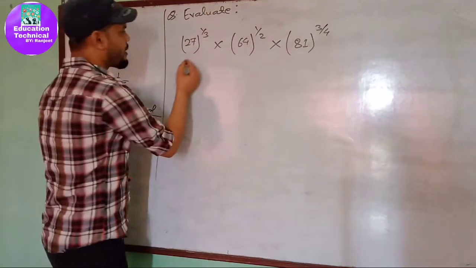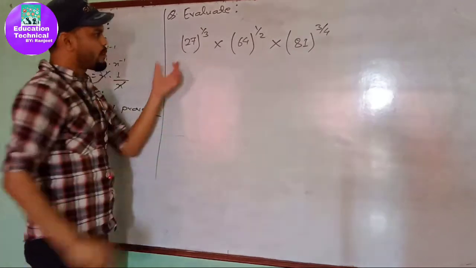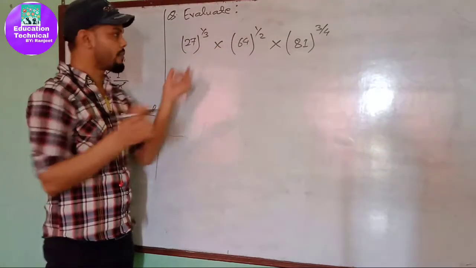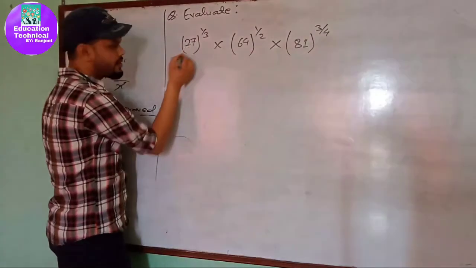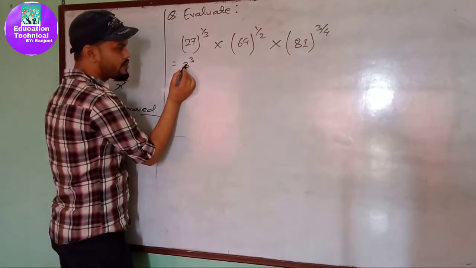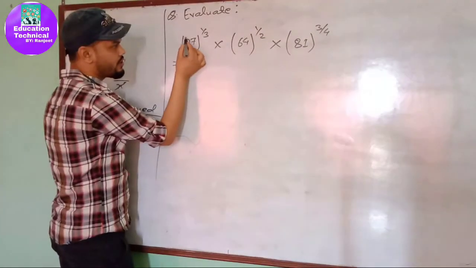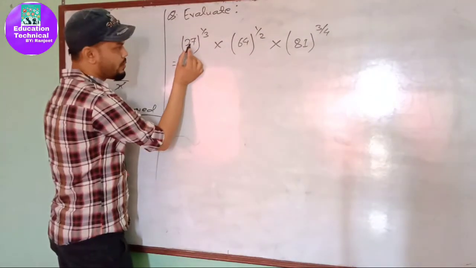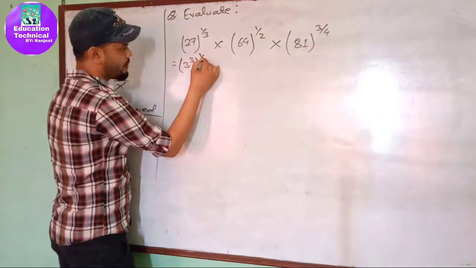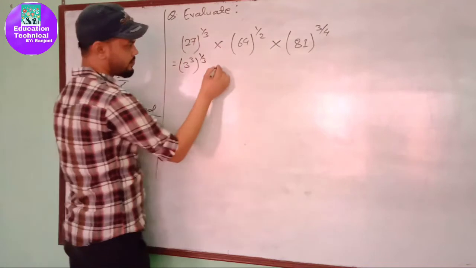So now we have to simplify this. While simplifying, we have to take it to the lowest terms. That means we can write this 27 as 3 power 3. That means if 3 is multiplied 3 times, then the result will be 27. So in place of this 27, write 3 power 3, and this 1 by 3 is the whole power.